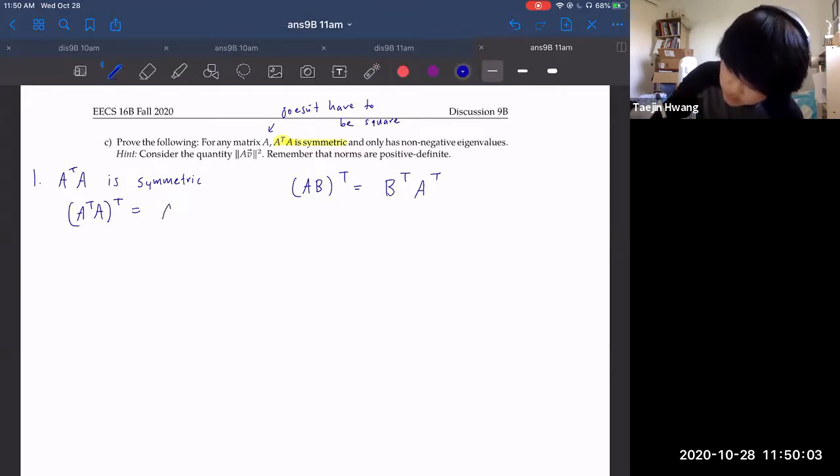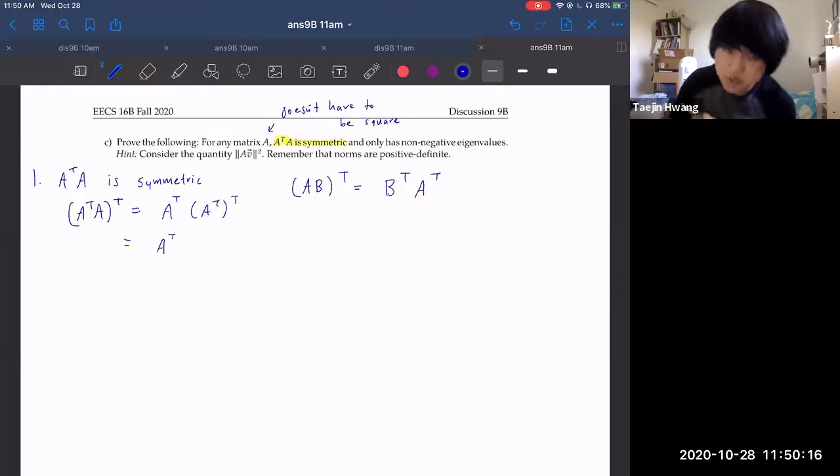So we take the transpose of the second term, which is A, and then multiply it by the transpose of the first term, which is A transpose. And since the transpose of A transpose is just A, we've shown that A transpose A transposed is equal to A transpose A. So that was the first part.